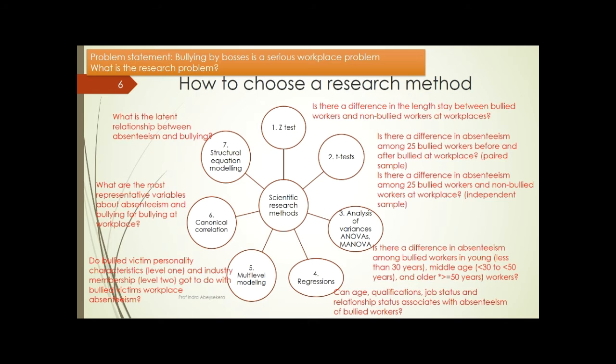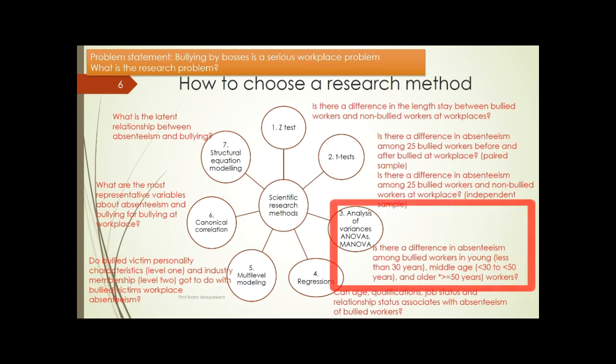We can look at analysis of variance and ask, is there a difference in absenteeism among bullied workers who are young, middle-aged, and older? So the workers' age here is the independent variable.